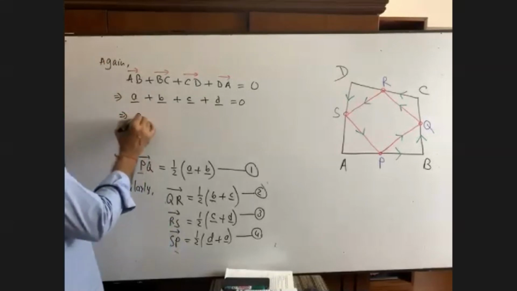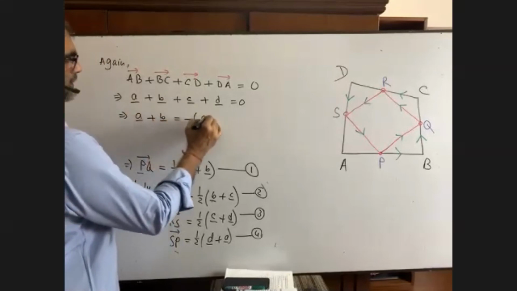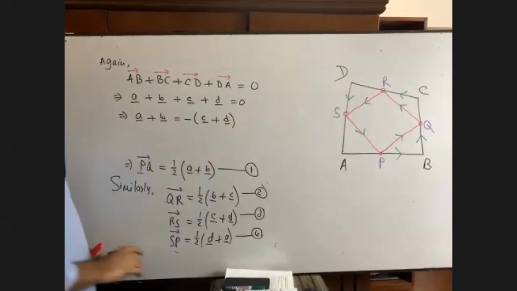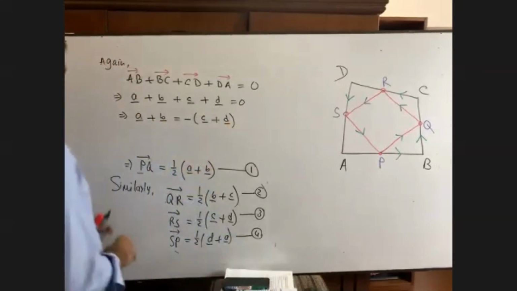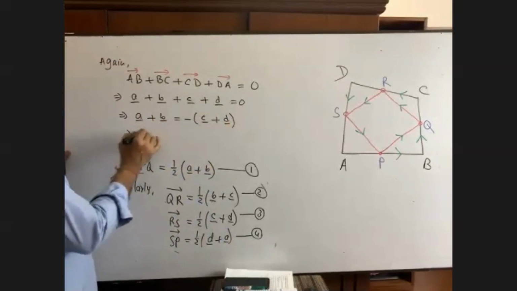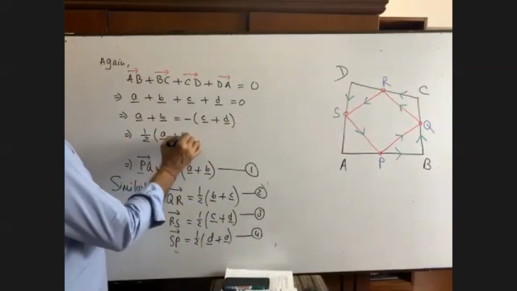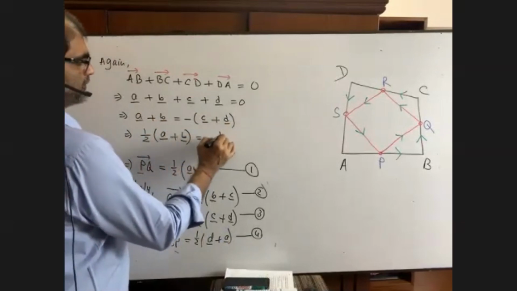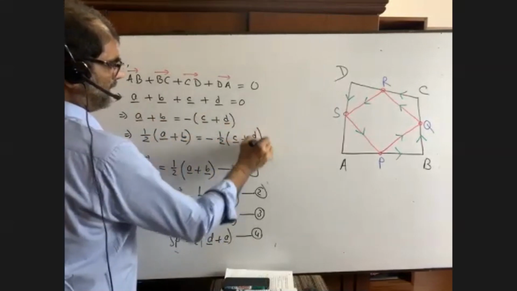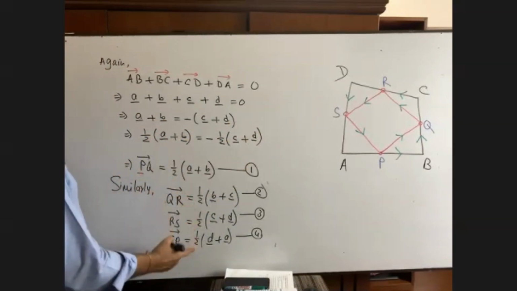I can write here AB plus BC equals to minus CD plus DA. Now I can write half of AB plus BC minus half of CD plus DA, multiplying both the sides by half. Why have I done this? Because you see here always half, half, half, half.